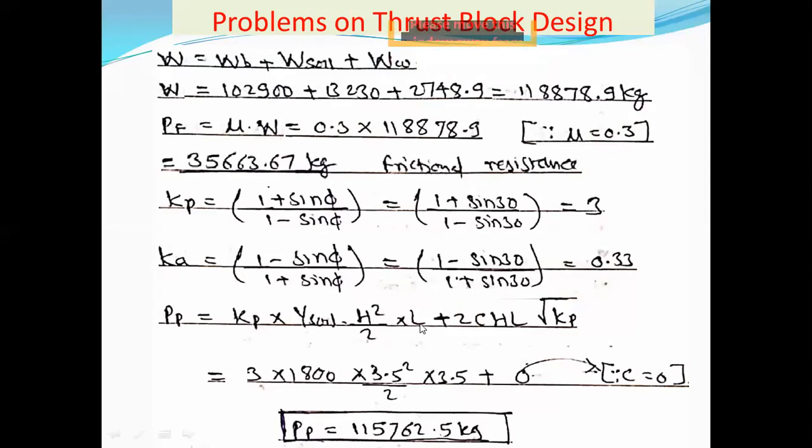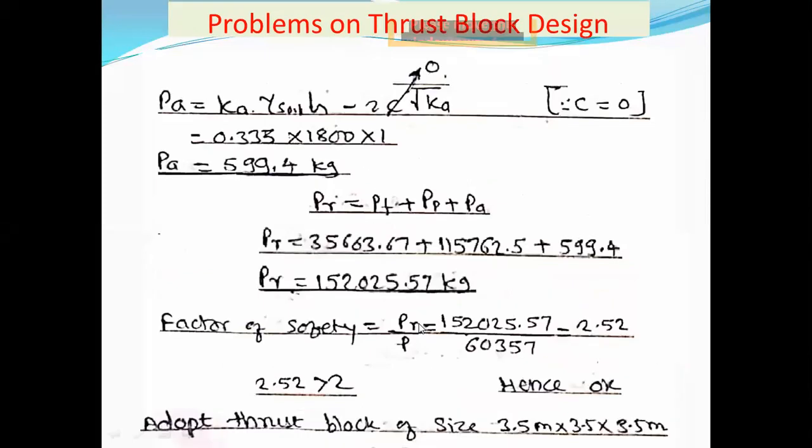After getting this passive earth pressure, find out active earth pressure. This is the formula. So again here, as the value of C is 0, this quantity will become 0. And you will get active earth pressure as 599.4 kg.